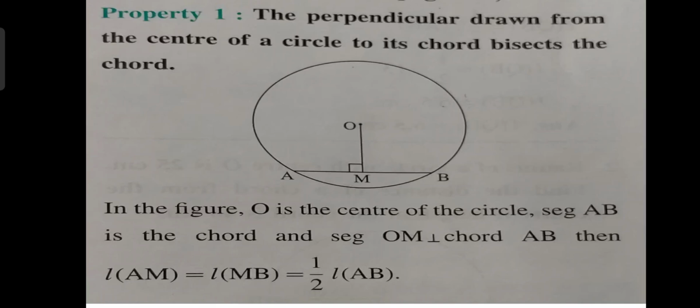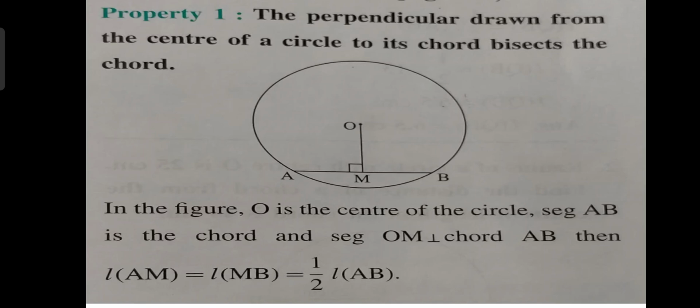Bisect means dividing into two equal parts. In the given figure you can see O is the center of the circle and AB is the chord. Segment OM is perpendicular to chord AB. Therefore, length AM is equal to length MB, that is half of the length AB.